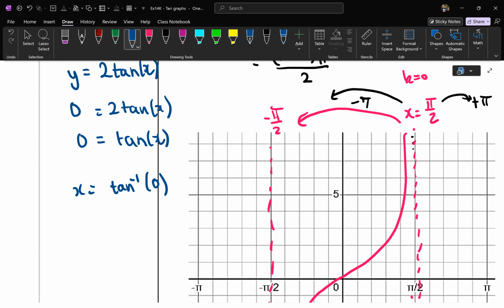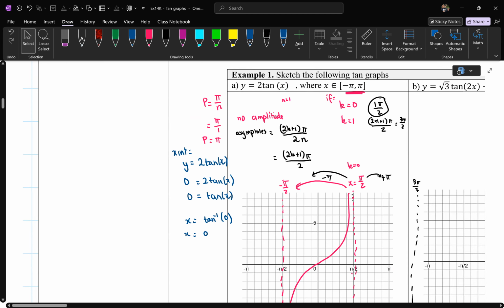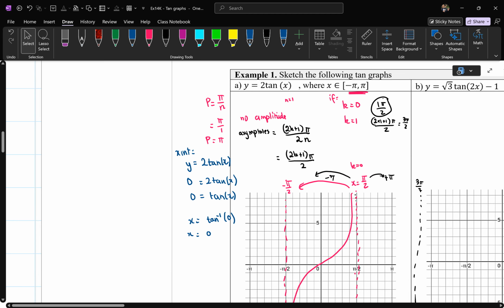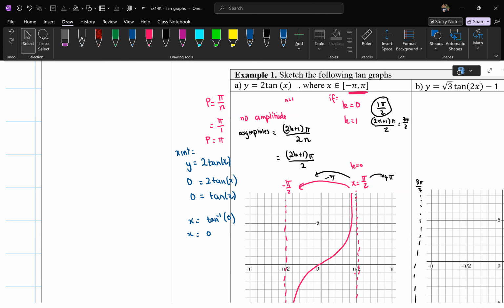Tan of what will give you 0? 0. You only need one answer. But the reason why I said I don't need to do this calculation is you can just look at the unit circle. This graph did not move left or right, didn't move up or down, so I know that the center is still at 0. So hence I knew it was 0 already, but just in case you didn't know, that's how you find it.